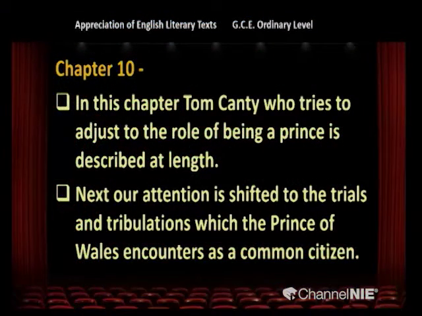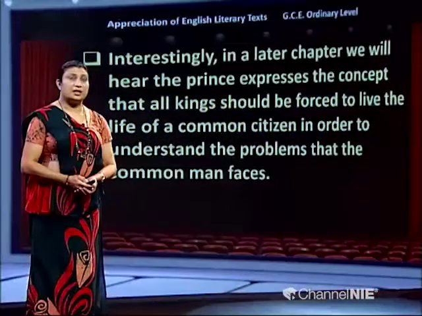In this chapter, Tom Canty, who tries to adjust to the role of being a prince, is described at length. Next, our attention is shifted to the trials and tribulations which the Prince of Wales encounters as a common citizen.